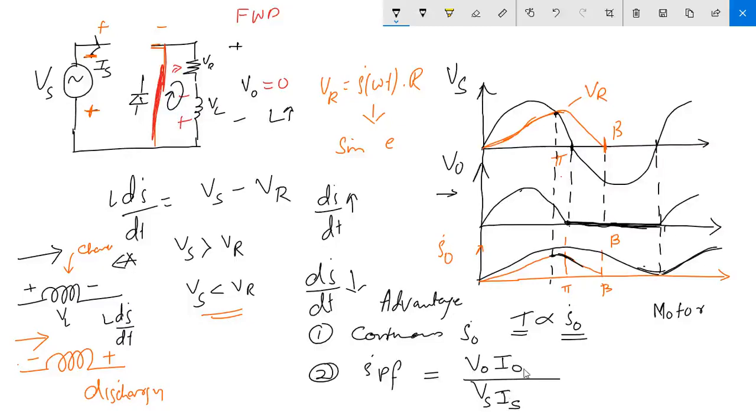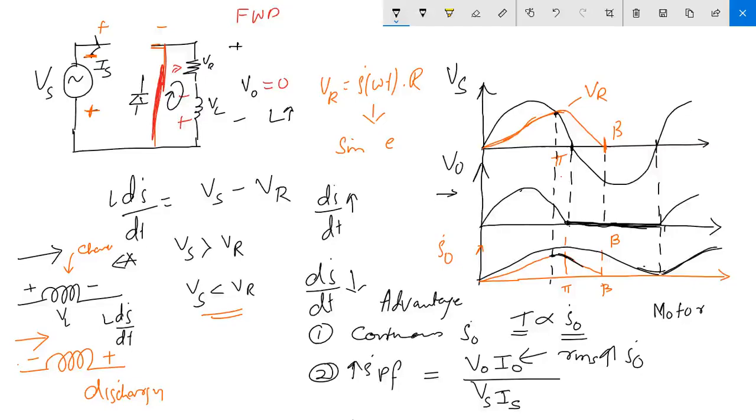If you have a continuous current, the RMS value of I naught will be high. Therefore, your input power factor increases.